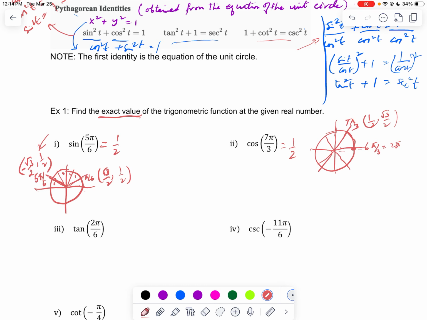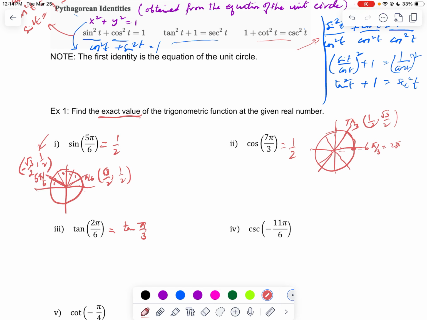Okay, next we are looking at tangent of 2 pi over 6. Well, you can simplify it a little bit, because 2 pi over 6 is pi over 3. And if you leave it as it is, you will still get the same answer. But let's do it. This is the same thing as tangent of pi over 3.